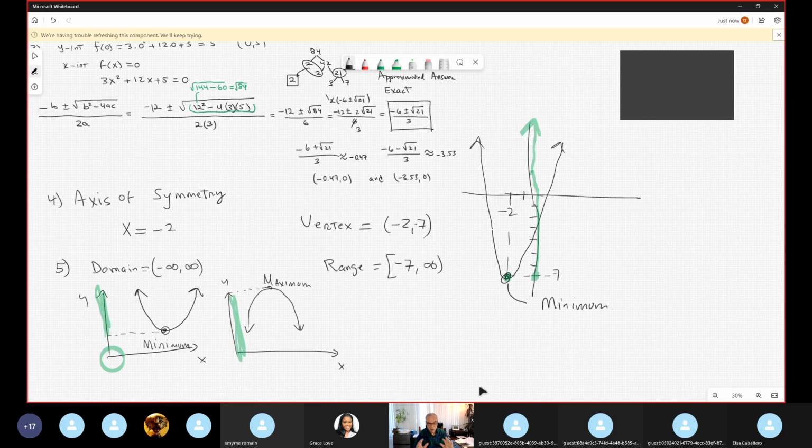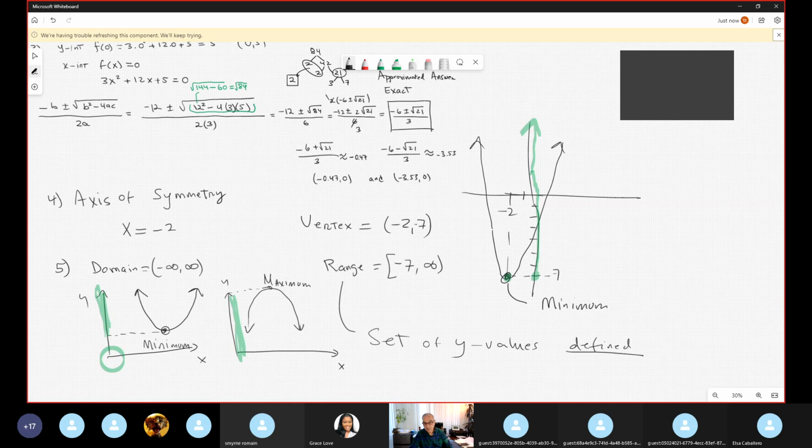Okay. One more time. Test number 2. How do you find the range when you see the graph? Remember, range by definition is the set of y values in which the function is defined.